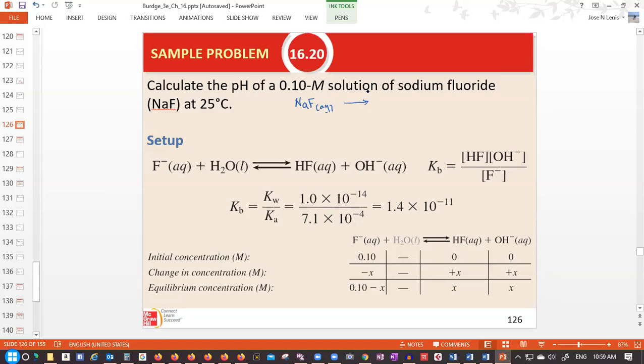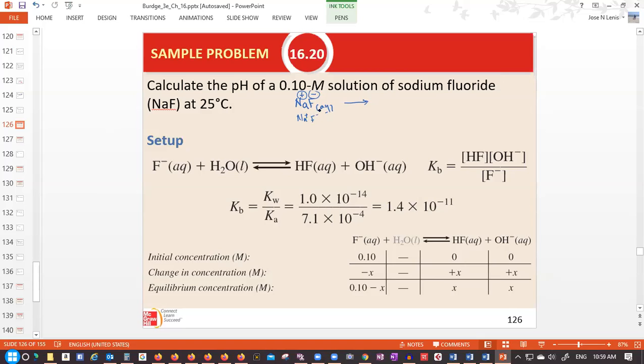No. It's not going to be ionized because they're already ions. It's a salt. Remember, the salt is made of a cation and an anion. They have the charge already, Na plus, F minus.